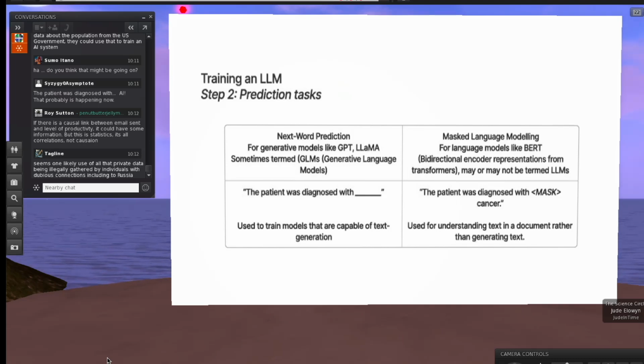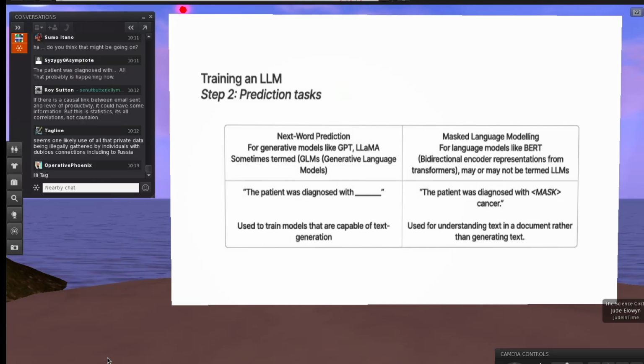In contrast, GPT may be called a generative language model in some bodies of text, because people want to differentiate what they believe is a large language model and a large language model that is capable of text generation. So be wary of these terms, if you decide to read articles or research papers, because there is some difference in the way these models are termed.